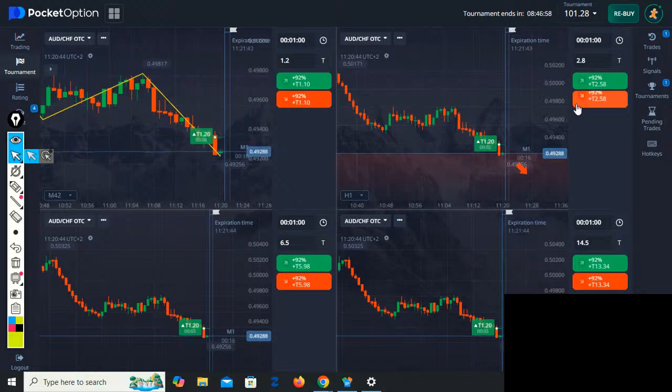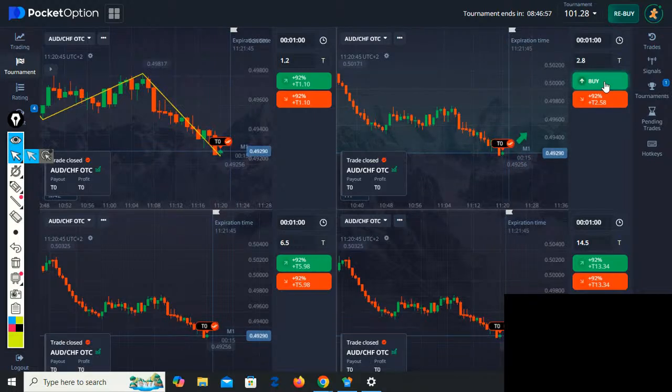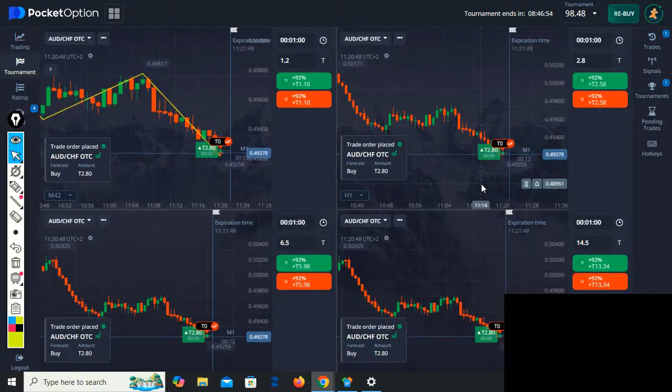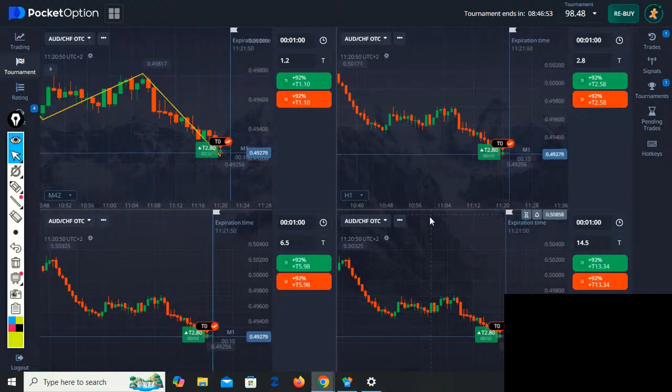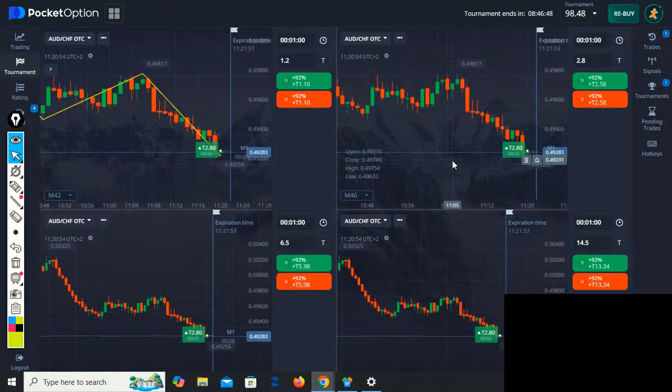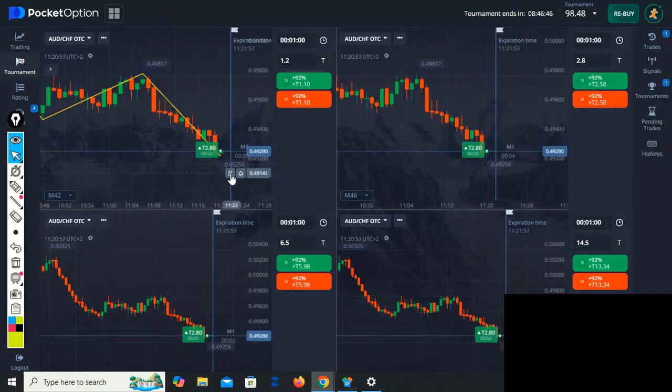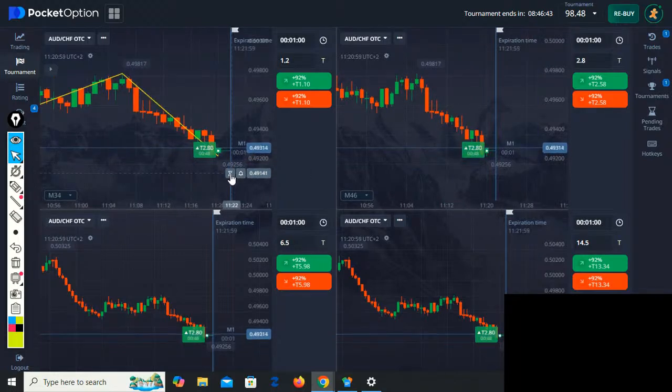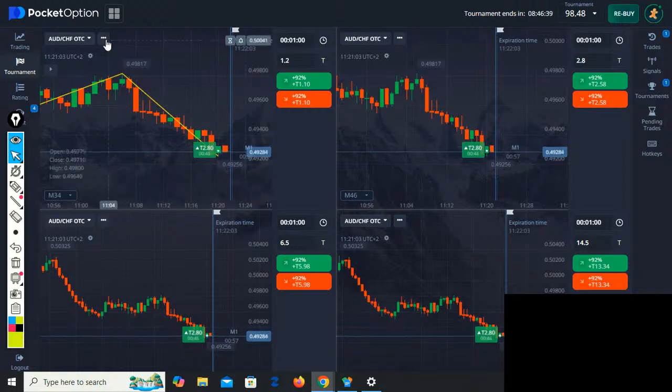So this is gonna be a loss, so we'll go for a buy here. Of course, 1 minute chart, 1 minute trades.